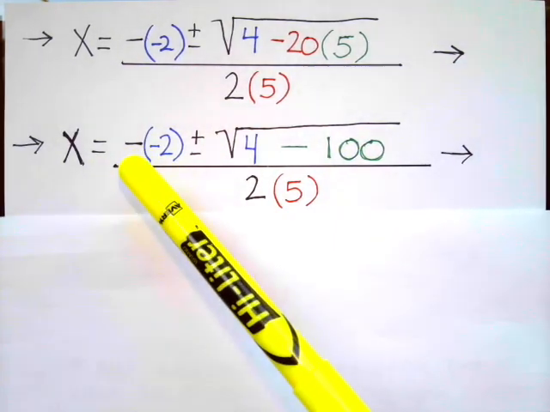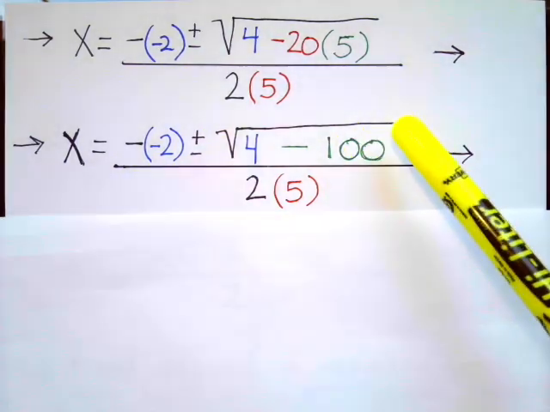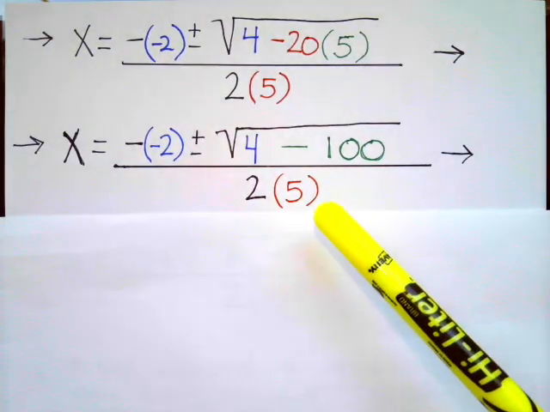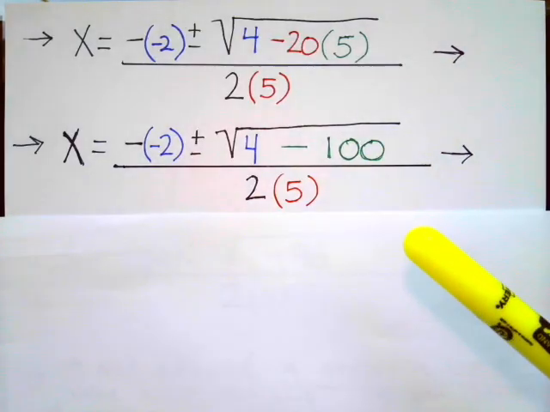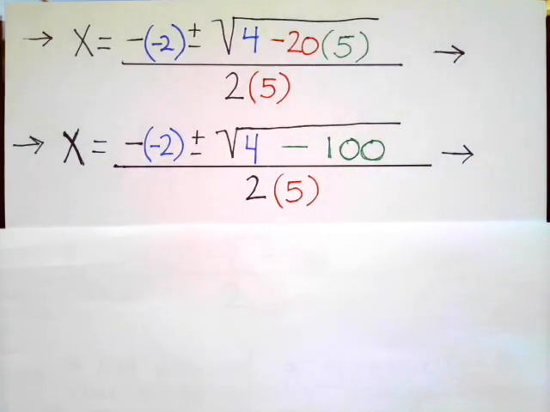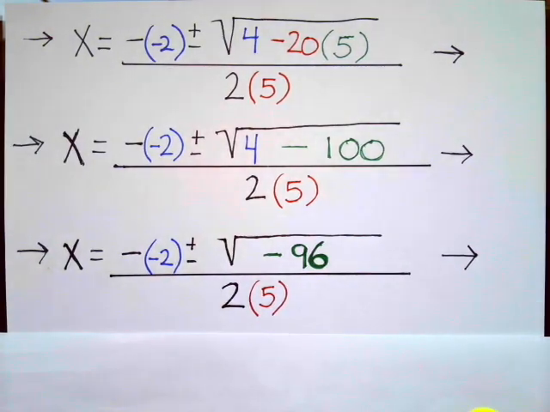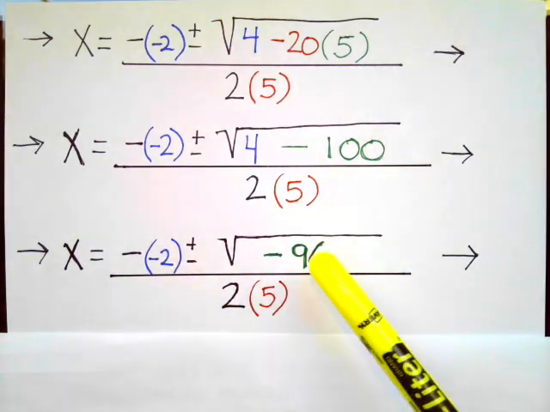X equals the negative times the negative 2 plus or minus the square root, all divided by 2 times 5. And of course, 4 plus a negative 100 is a negative 96. That's all I'm going to put in there. Everything else, again, I just rewrite. As you can see here, the only thing I did was what's inside the radical.